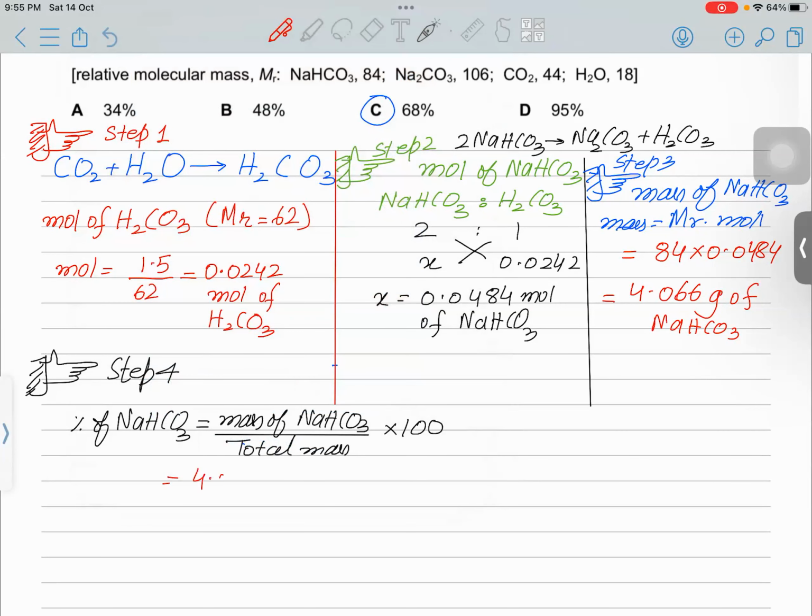So 4.066 divided by total mass, which is 6, multiplied by 100. Answer is 68%. Now I am totally satisfied. This is the easiest method.